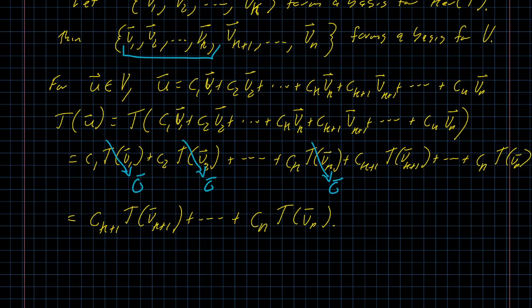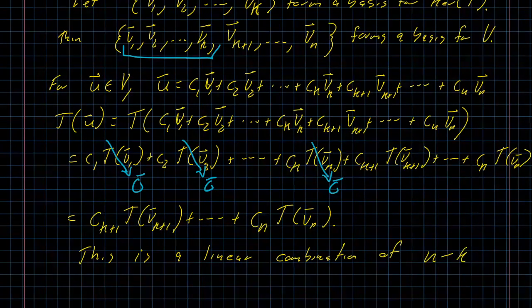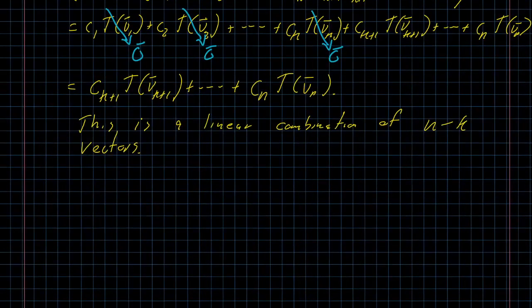There were n vectors. k of them turned out to be the zero vector. This is a linear combination of n minus k vectors.